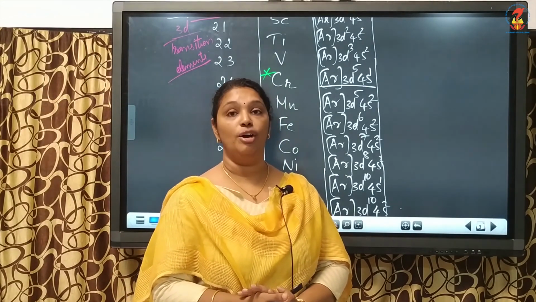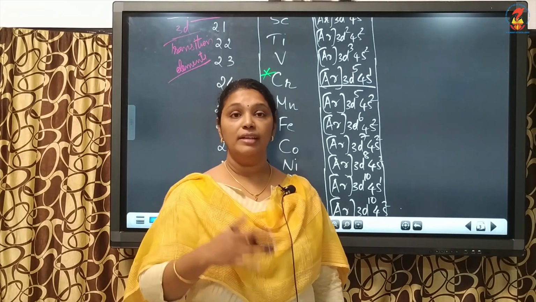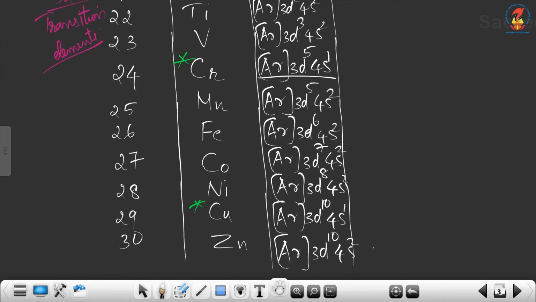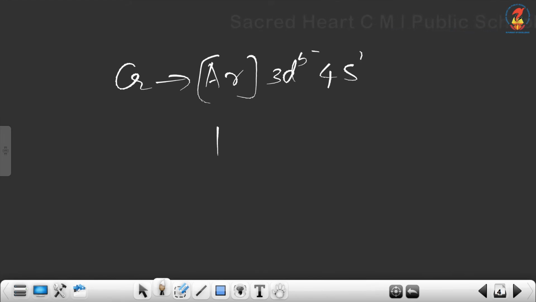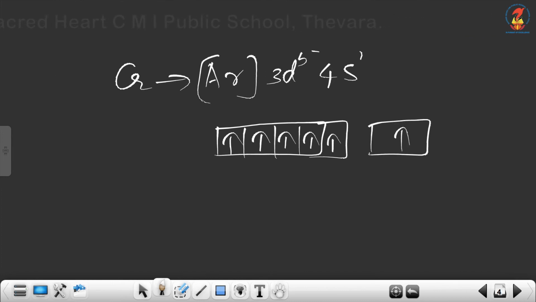Okay, now let's see the reason for this exceptional configuration of chromium and copper. The reason is that they want to get extra stability, and I'll write it again. Chromium, the configuration is argon 3d5 4s1. Now if we draw the orbital diagram, this is 3d5 and this is 4s.